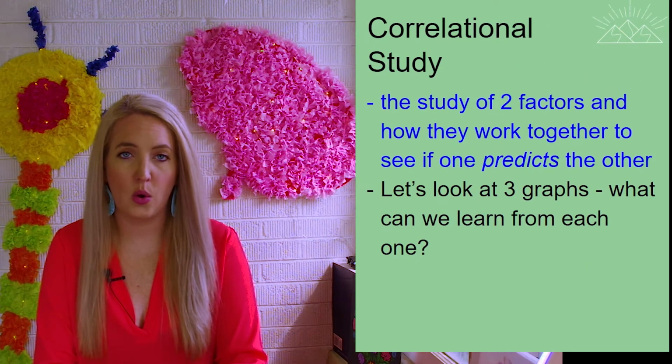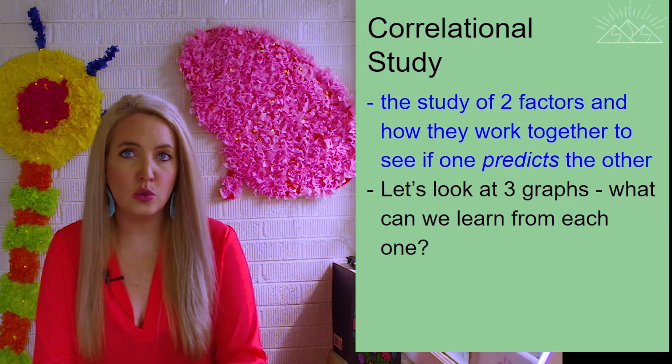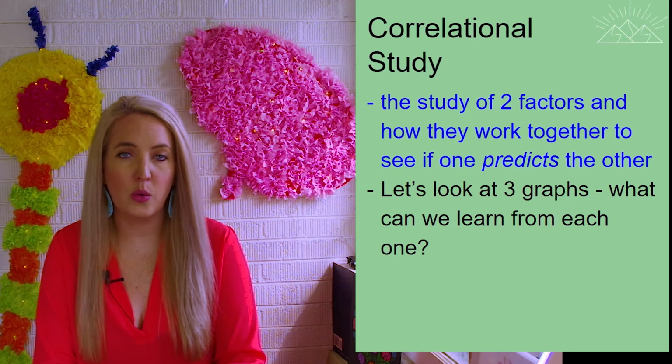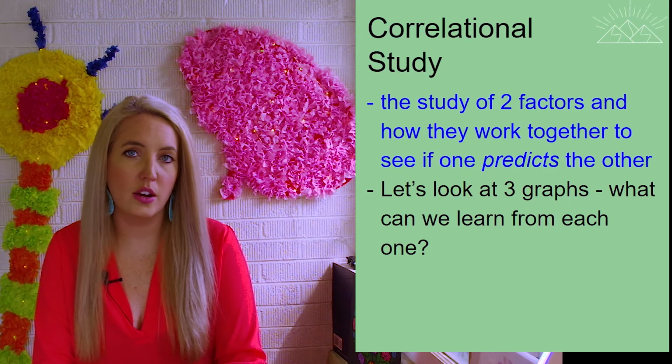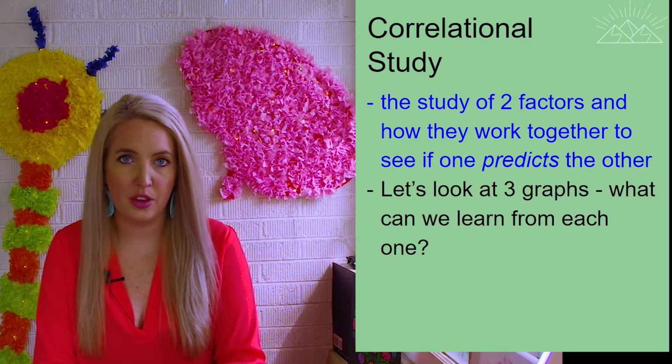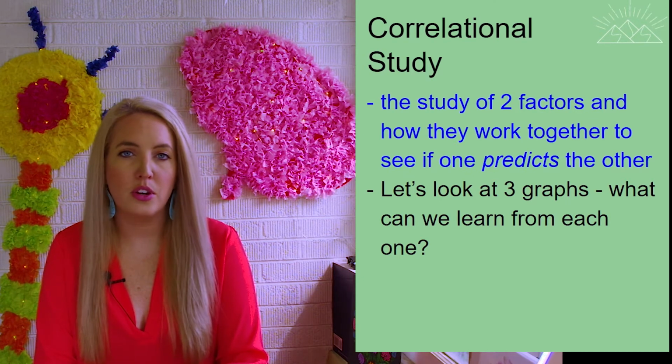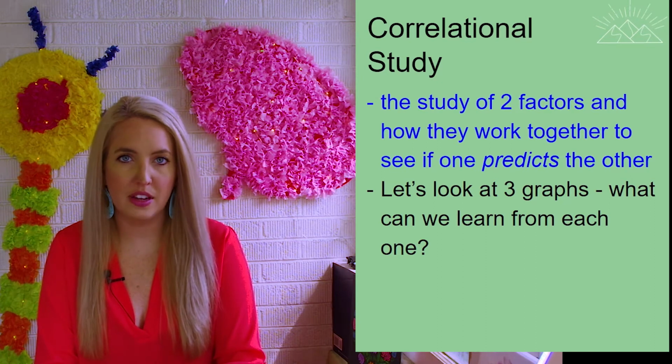What is a correlational study? A correlation is the study of two factors and how they work together to see if one predicts the other. In order to understand this, I'm going to show you three different graphs that represent three different types of correlation.